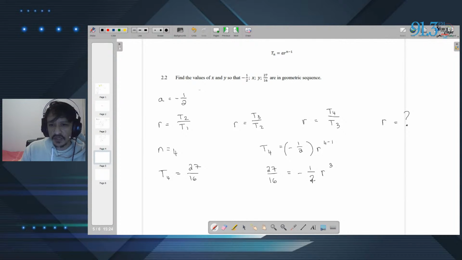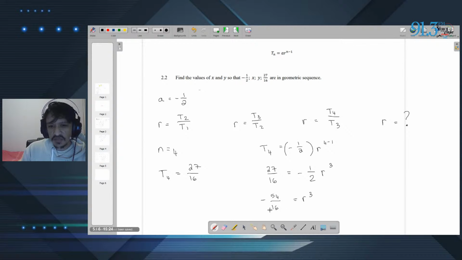Now we want R as the subject of the formula, so let's get rid of this negative half, and we can divide by this 27 over 16. We should end up with 27 times 2, 54, negative 54 over 16 is equal to R to the power of 3.